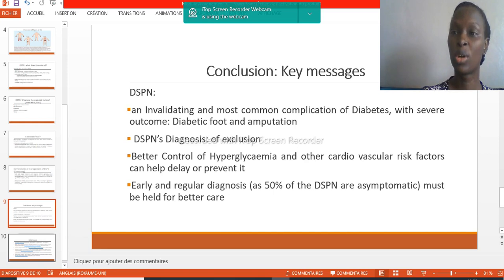We also should keep in mind that better control of hyperglycemia near to normal glycemia, and the control of other cardiovascular risks can delay or prevent the DSPN or even all the other diabetic neuropathies. And most important, we should plan early and regular diagnosis, as 40% of DSPN are asymptomatic, and this will allow us to offer better care to our patients.